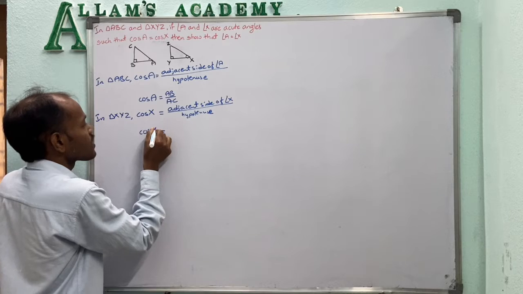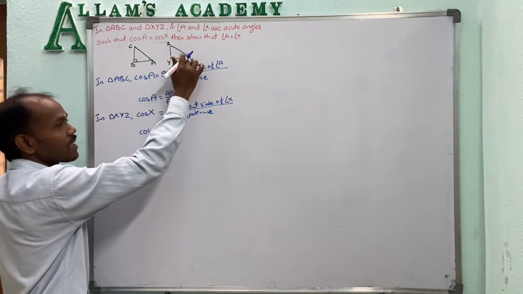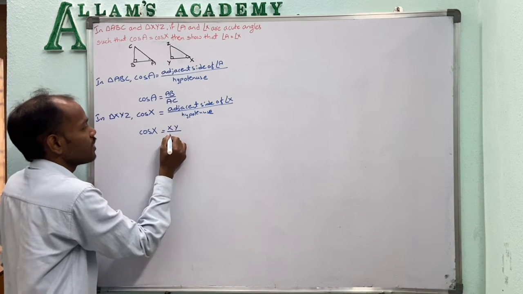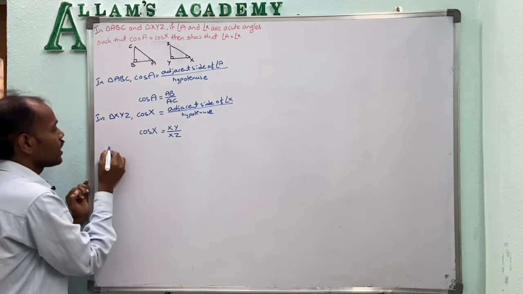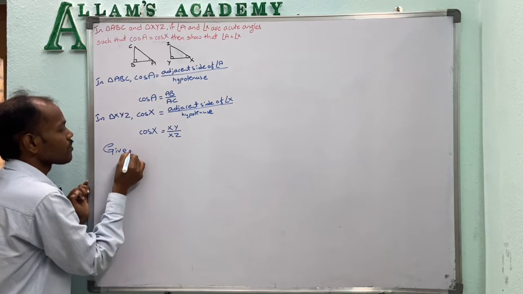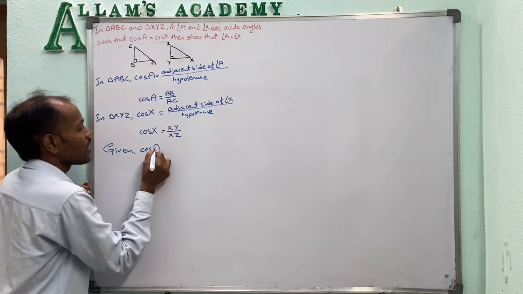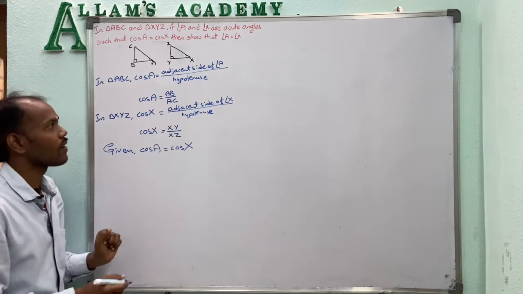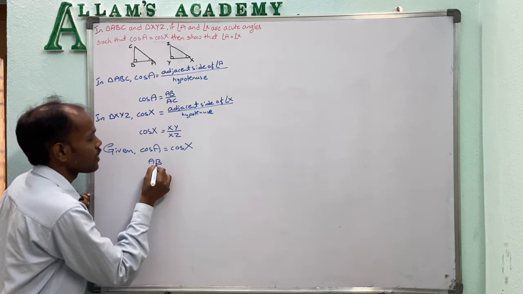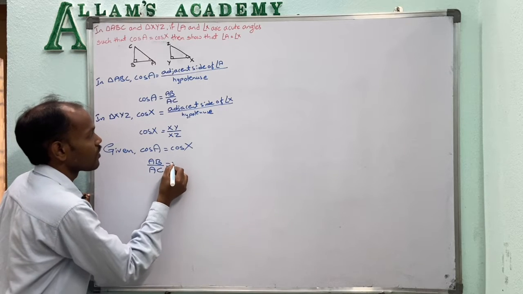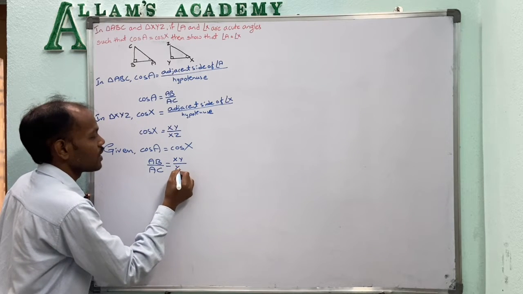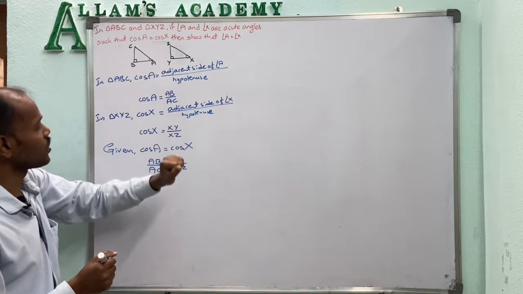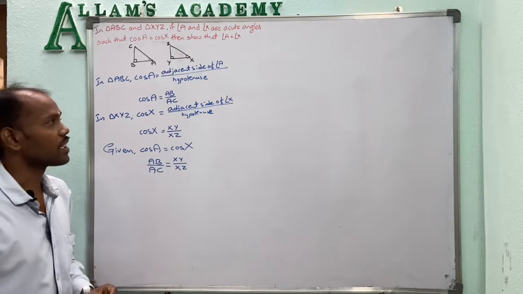So the adjacent side of angle X is nothing but XY side and the hypotenuse is XZ. Okay, given cos A equal to cos X. So now equalizing those ratios, AB by AC equal to XY by XZ. So AB by AC ratio equal to XY by XZ ratio.